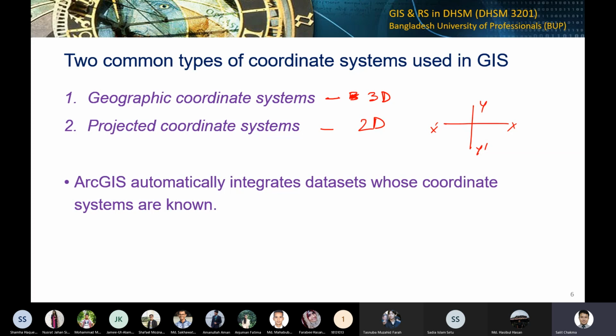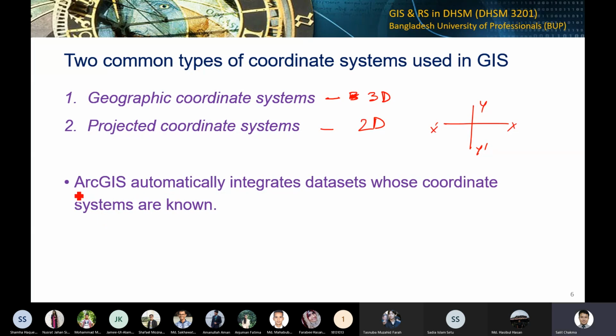Thus, whenever we talk about X and Y, it is two-dimensional, thus X and Y is in the projected coordinate system. So the projected coordinate system is two-dimensional, and the geographic coordinate system is thus three-dimensional, because for any distance in one dimension, it's not really possible to measure the distance. Okay, because you have only one dimension.